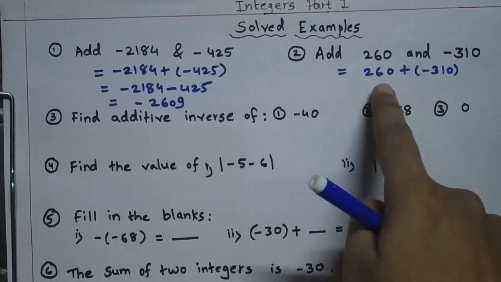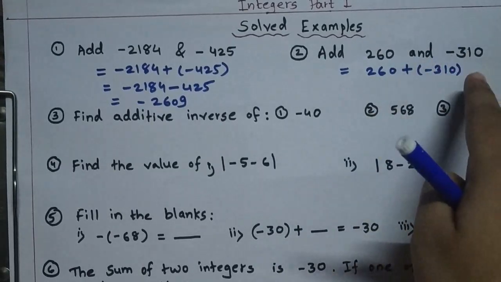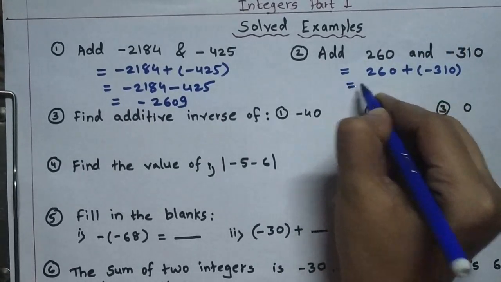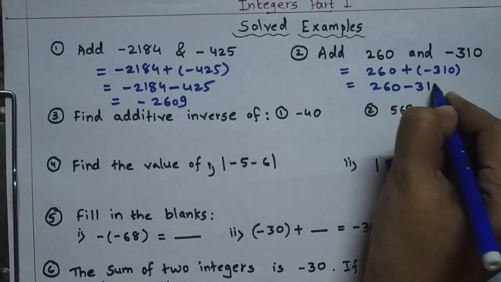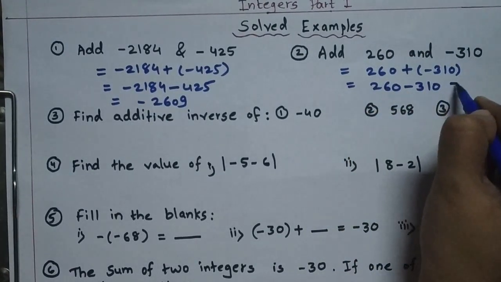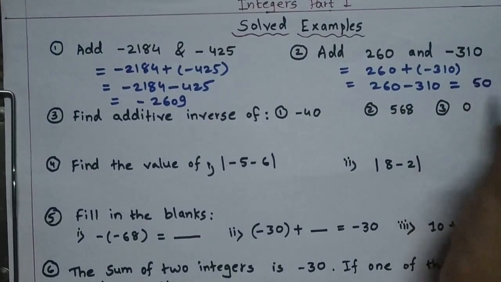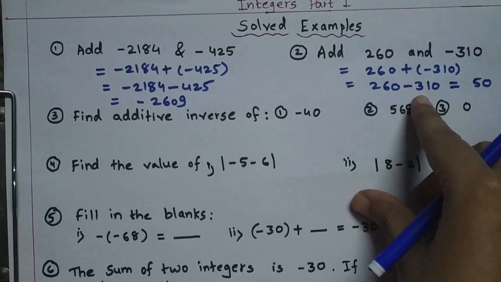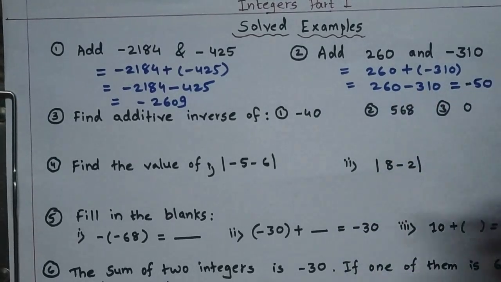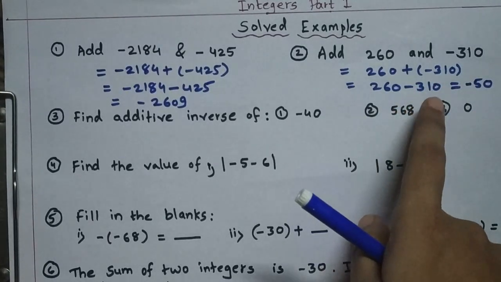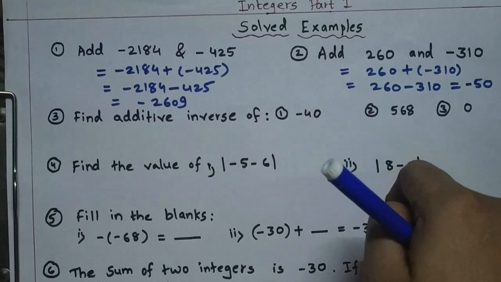When you add a positive integer with a negative integer, you have to subtract. 260 minus 310, and when you do the subtraction, it comes to 50. Always give the sign of the bigger number. Here the bigger number is 310, which is negative, so minus 50 is the answer.